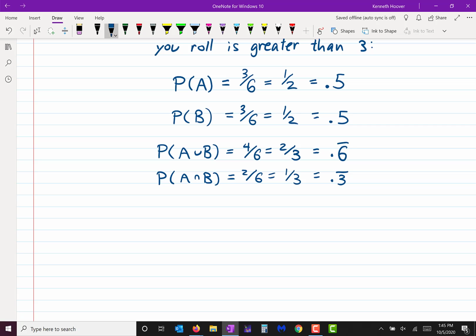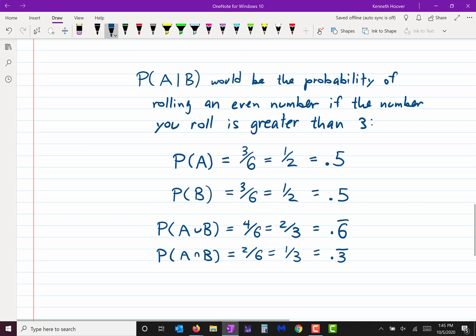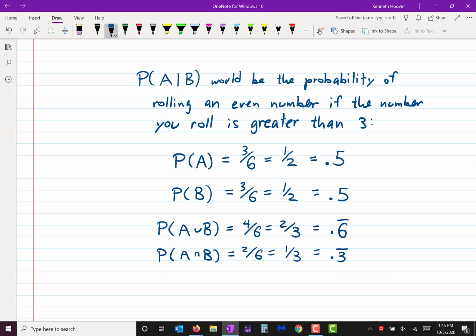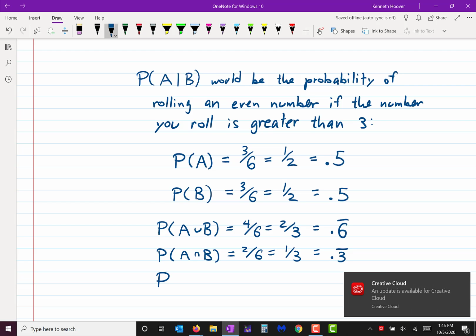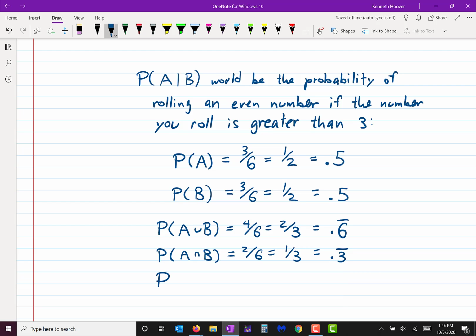Now let's practice this new one that we just wrote down, which is the probability of A given B. That is the probability of A occurring if you already know that B is occurring.